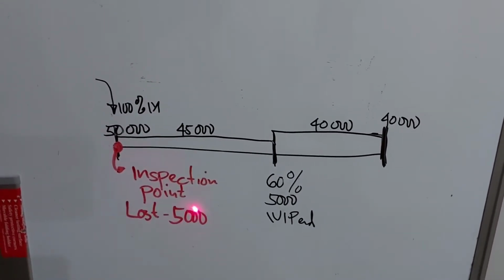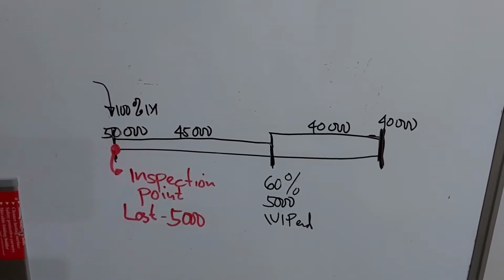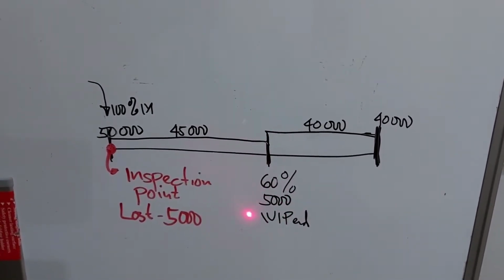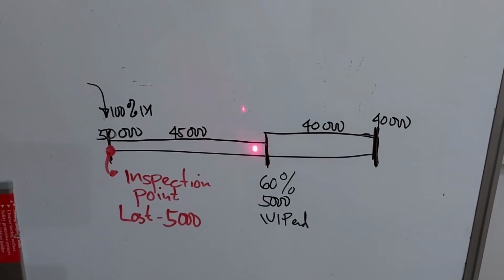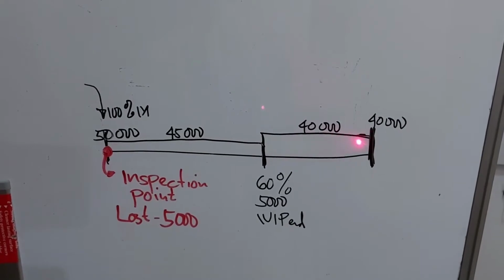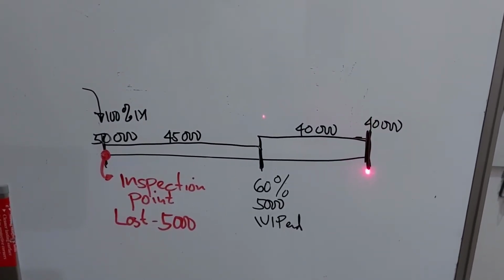So, ibig sabihin, loss unit siya, spoilage siya. Okay? So, dito, 60% ng process na iwan si work in process ending. So, ibig sabihin, from 45, nabawasan ng 5,000, ang nag-proceed na lang ay 40,000. And at the end of the process, 40,000 yung na-complete.